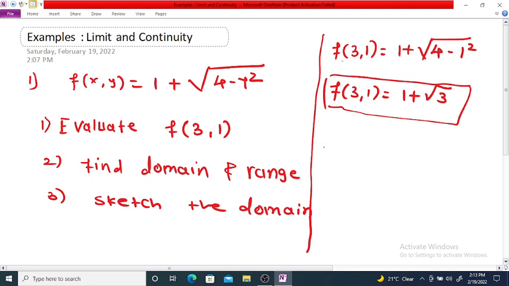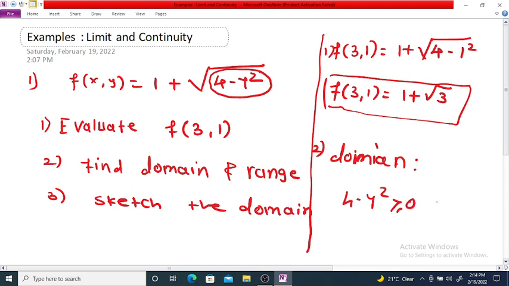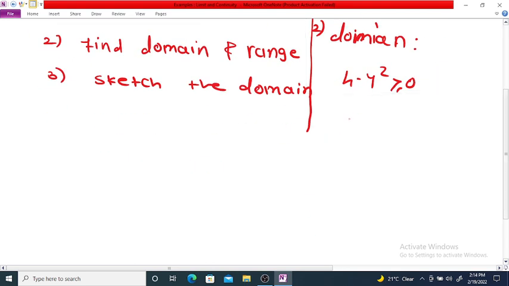This function f of x, y is defined only if the term inside the square root is greater than or equal to 0. Therefore the condition on the domain is 4 minus y square is greater than or equal to 0, that is y square is less than or equal to 4.